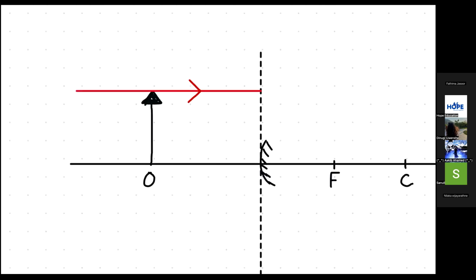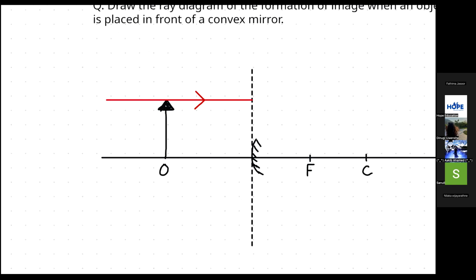Normally, in a concave mirror, a light ray traveling parallel to the principal axis reflects through the focal point, since the focal point is in front of the mirror.